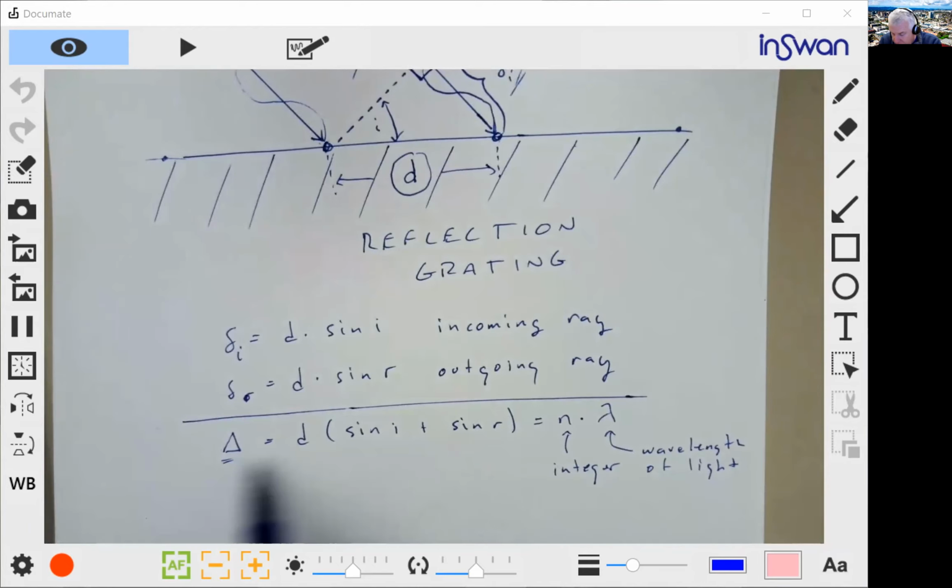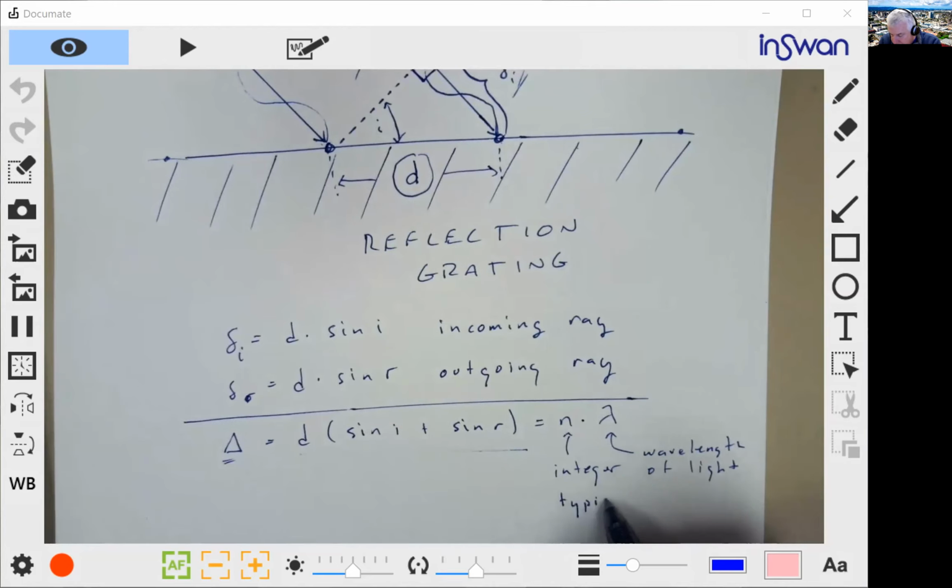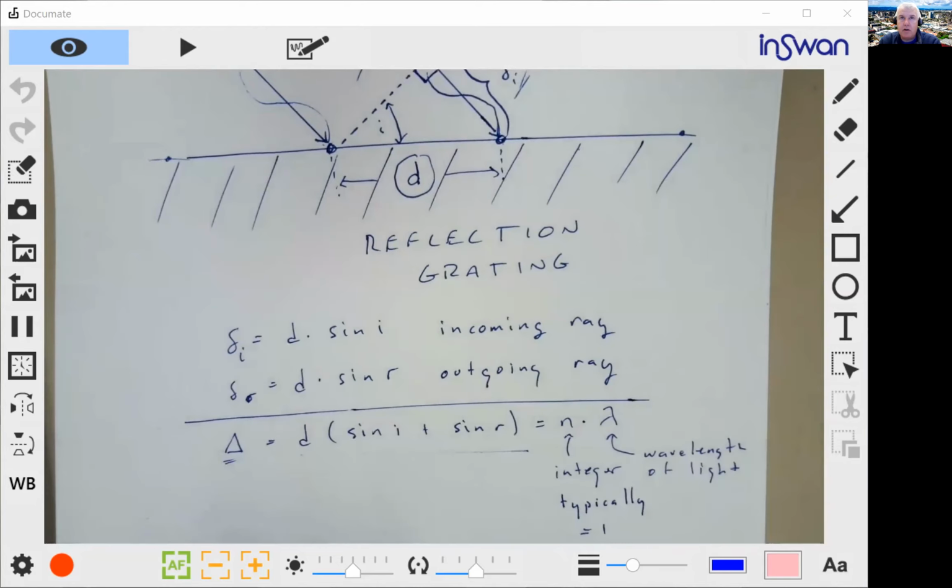So when delta is equal to d sine I plus sine R, well, this is always true, right? But when this value here is equal to n times lambda, where n is any integer, and n is typically 1, but sometimes you use higher orders. For high resolution work, you use higher orders, but n is typically 1.